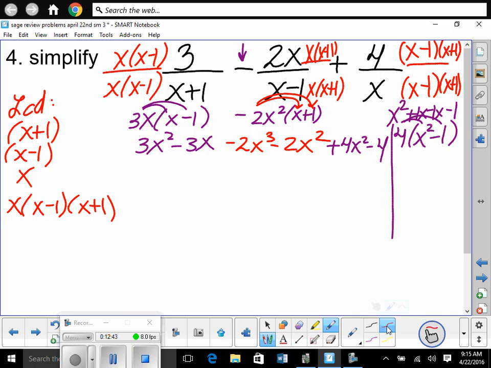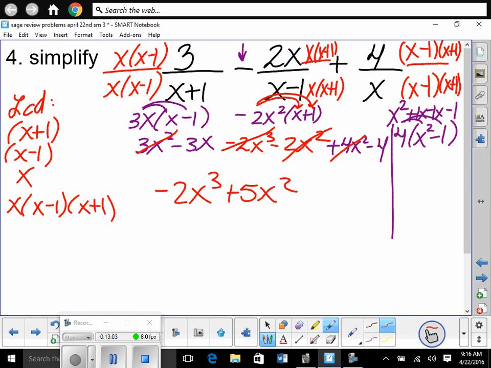We're almost done. So let's start with our highest degree, which is negative 2x cubed, yeah? And then negative 2x squared plus 3x squared plus 4x squared. How many x squareds? Yep, plus 5x squared.